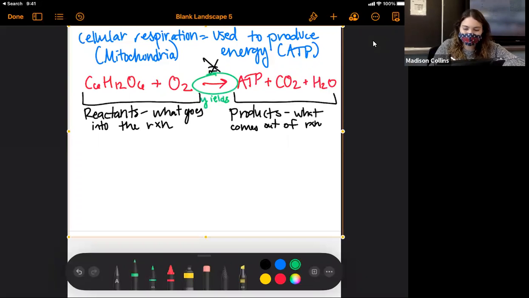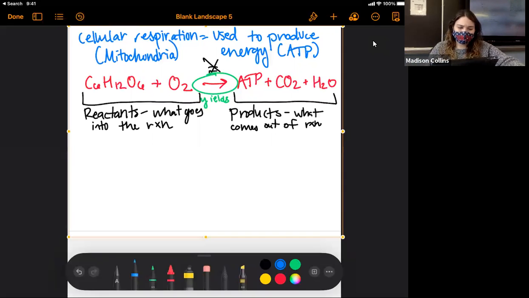And when we say yields, we're basically talking about produces. So we're able to say that these reactants yield or produce the products. Because this is a chemical reaction, it shouldn't be the same on both sides. We're going to have different compounds on the left and different compounds on the right. So whenever you draw a chemical reaction, you should always use an arrow.